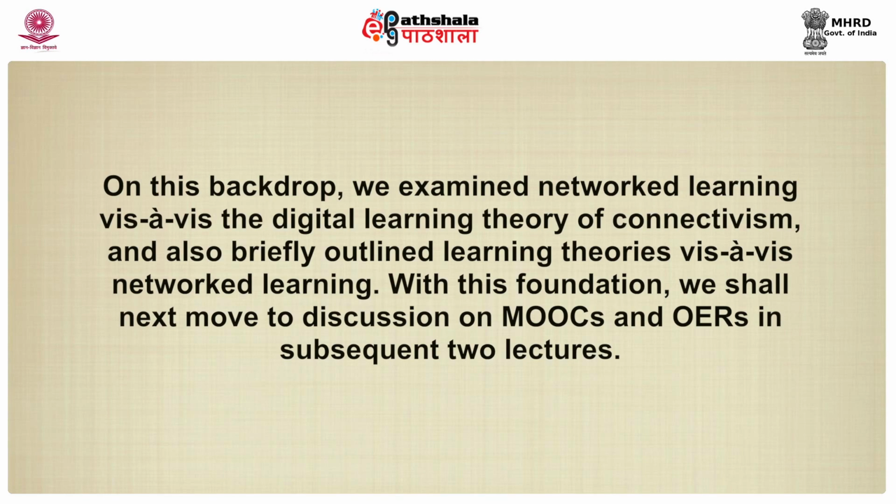On this backdrop, we also examined networked learning vis-à-vis the digital learning theory of connectivism, and also briefly outlined learning theories vis-à-vis networked learning. With this foundation, we shall next move to discussion on MOOCs and open education resources in two subsequent lectures.